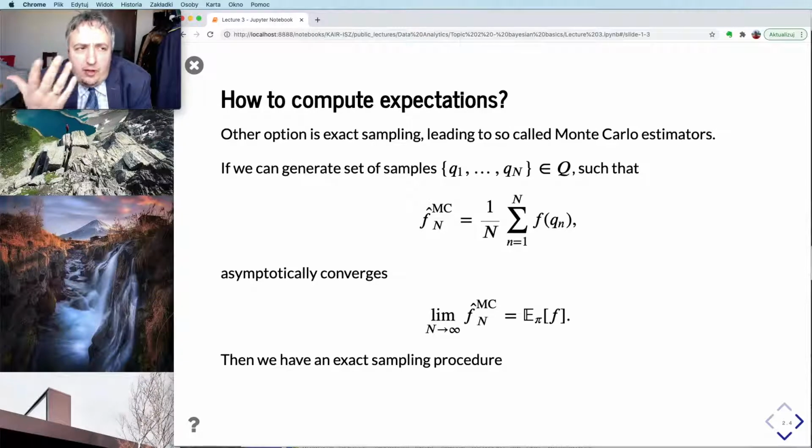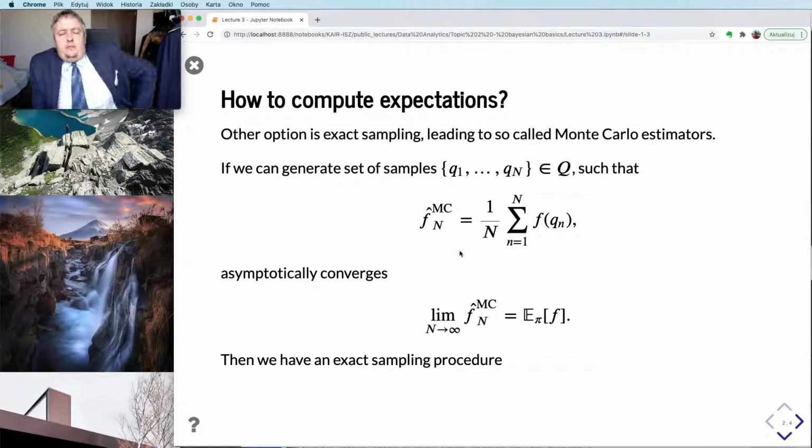Monte Carlo estimators, named after the famous casinos of Monte Carlo, are based on the idea that perfect sampling is defined this way: an estimator consisting of the average of randomly selected points from q_n that are distributed as the distribution pi will asymptotically converge to the expectation of f.